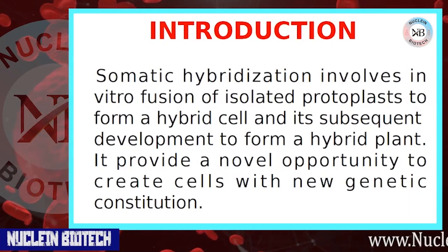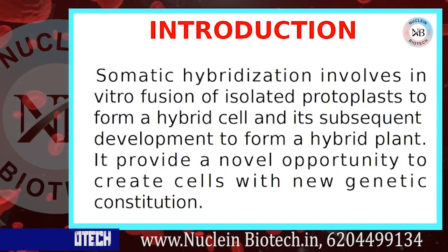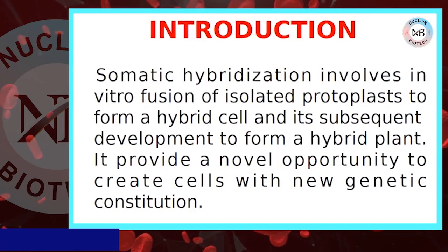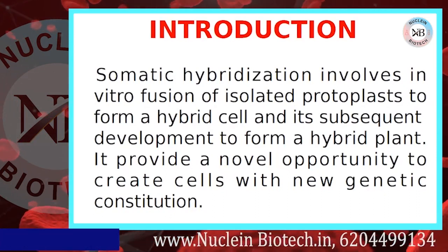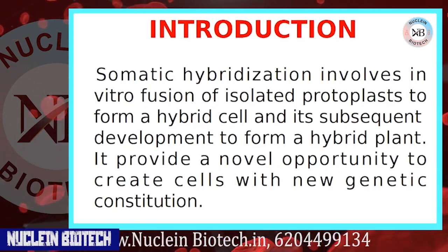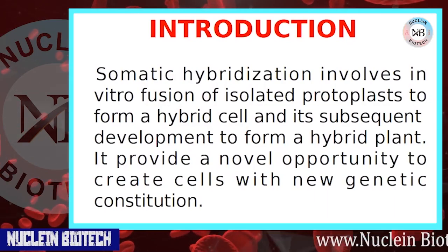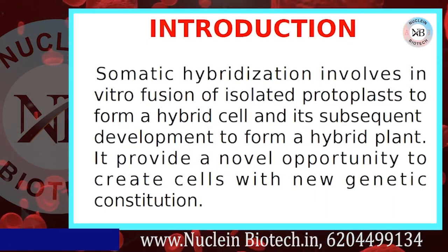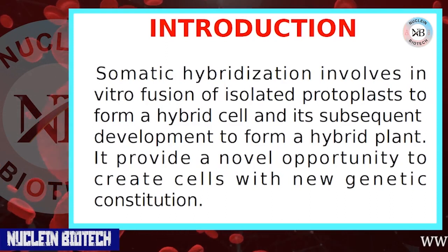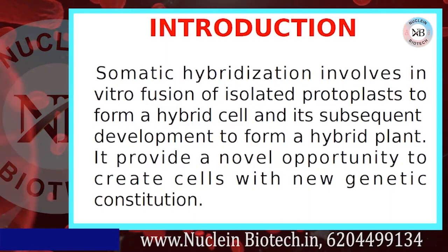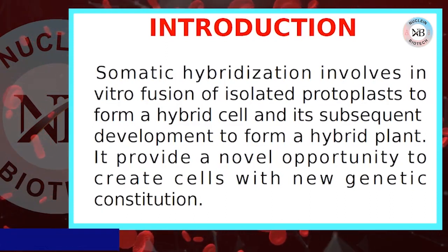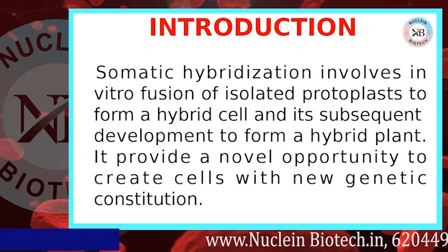Now let's move on to the definition of somatic hybridization. It involves in vitro fusion of isolated protoplasts to form a hybrid cell and its subsequent development to form a hybrid plant. When the cell wall is removed from a cell, we get protoplast. I think we all know about this.